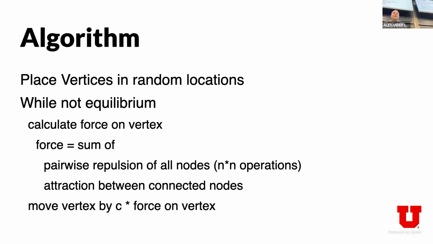And then I would move my vertex by a constant multiplied by the force on that vertex, have a new position, and then I start a new cycle, right? And I keep doing this until I reach a state where things don't move all that much anymore. And so, anybody have a guess on the algorithmic complexity of this?